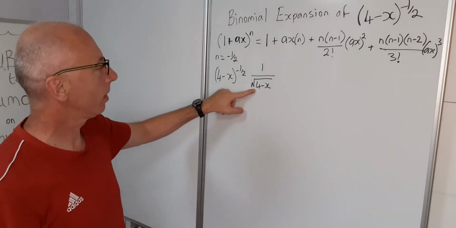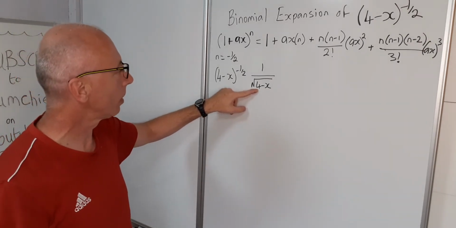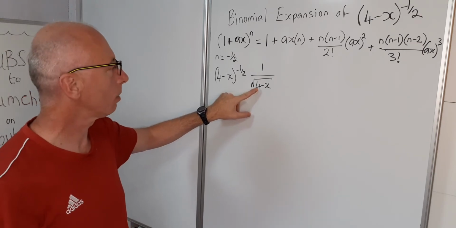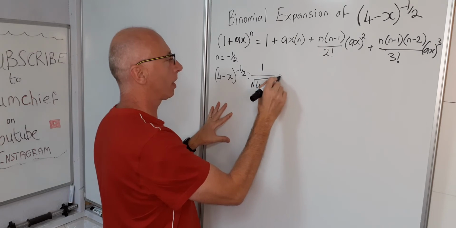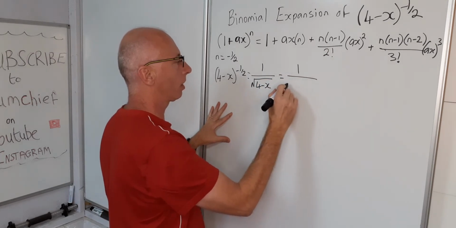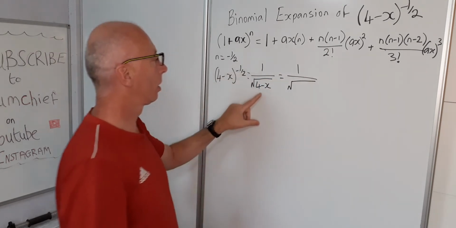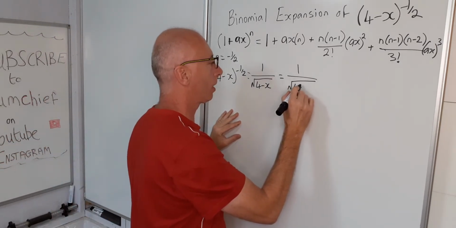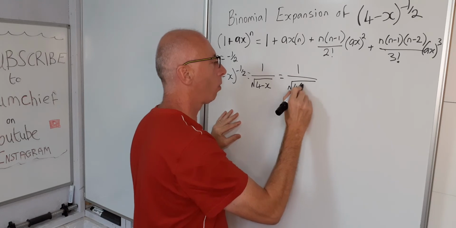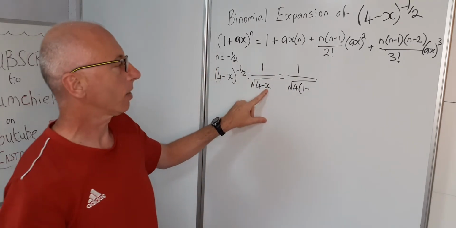Now we can do something with this. We could perhaps factor out the 4. So equals again 1 over square root, now let's factor out this 4, so 4 times 1 minus x over 4.